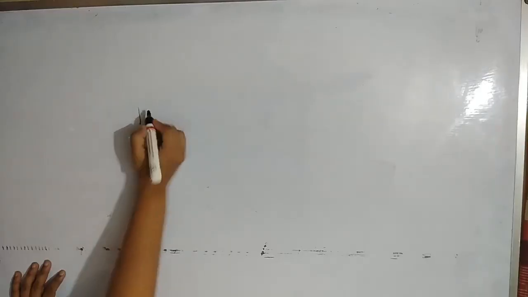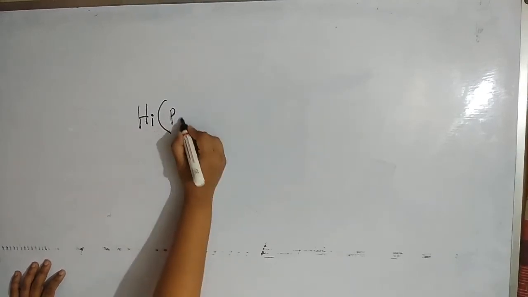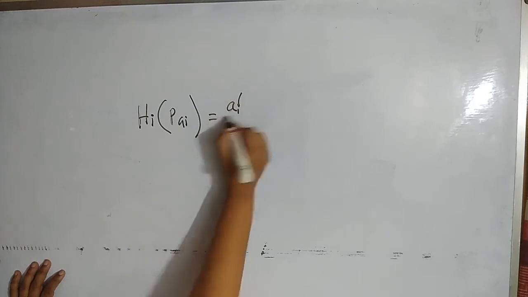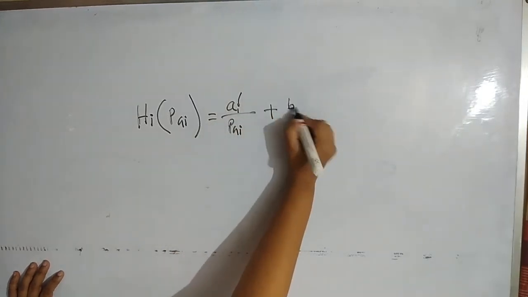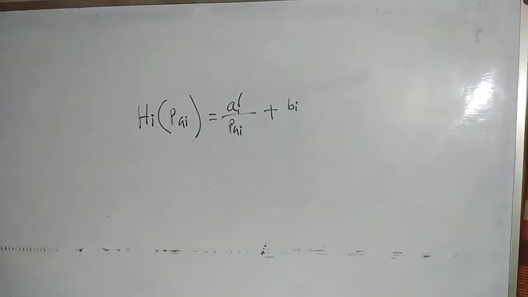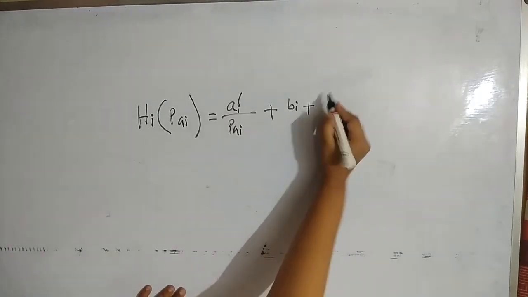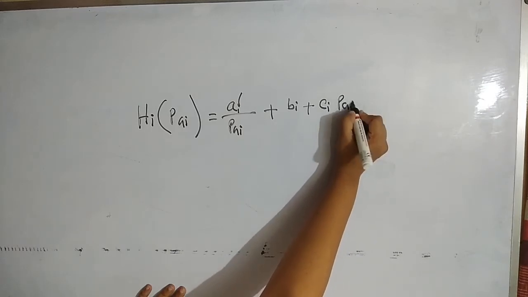Note that the heat rate HI equals to PGI into AI dash by PGI plus BI dash plus CI dash PGI.